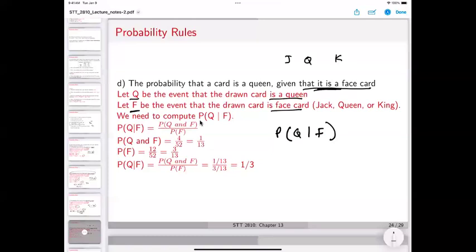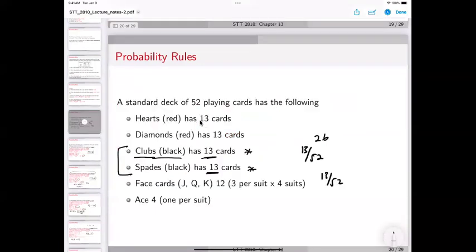So whenever you're able to get this thing here rightly, you just have to be able to write the formula here. So now let's try to solve them one after the other. We are looking for the probability that it is a queen and a face card. A queen and a face card means that you can draw a queen in hearts. You can also draw a queen in diamonds.